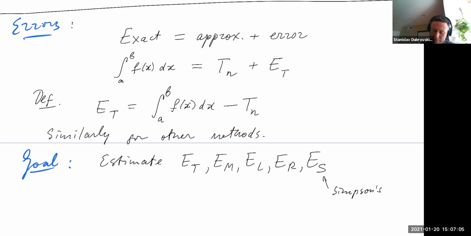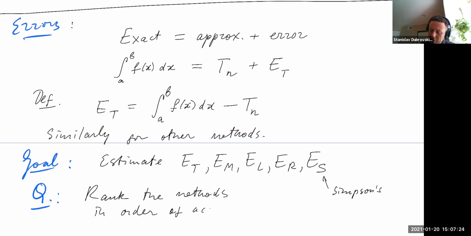Question for you. Maybe you can guess it right now. Can you rank the methods in order of accuracy? Or at least the ones that we've seen today, of course. You can guess. You can also try and guess how Simpson's method is going to fare.